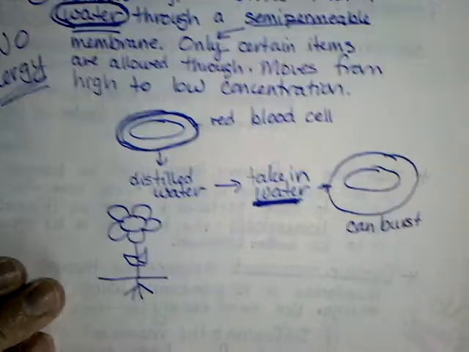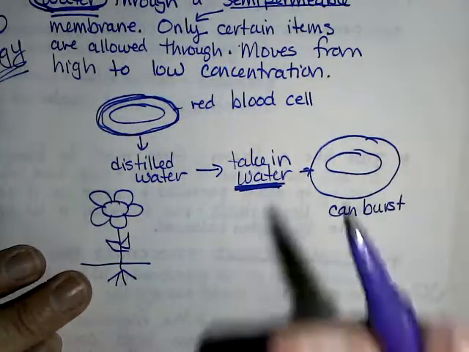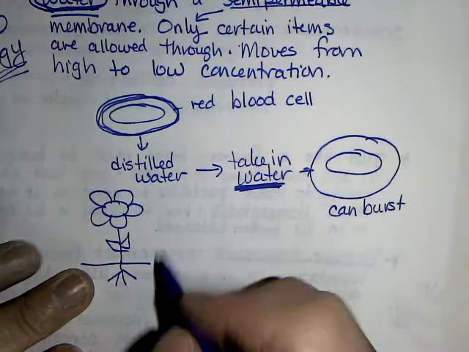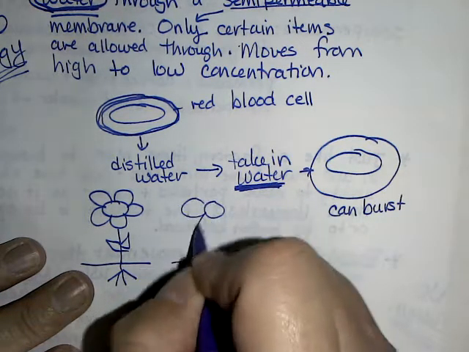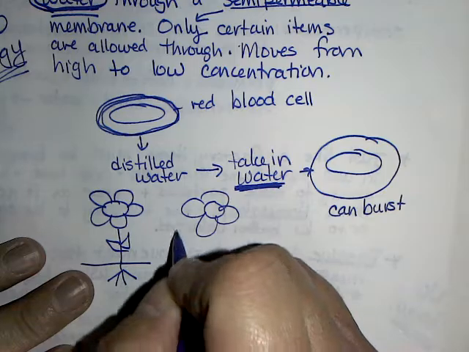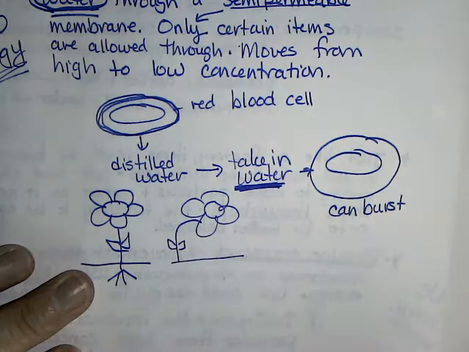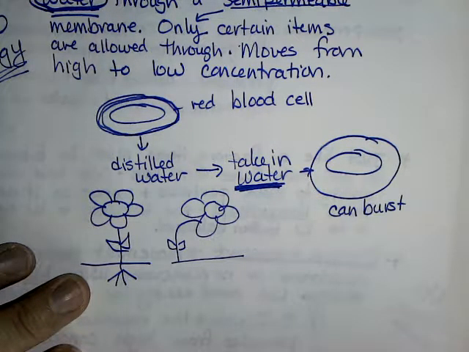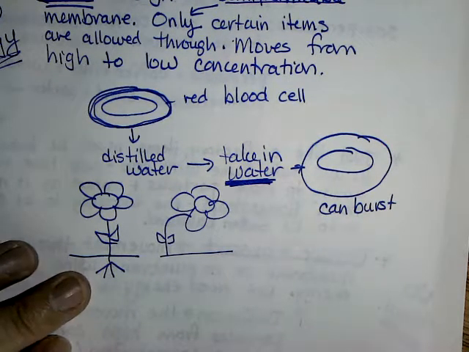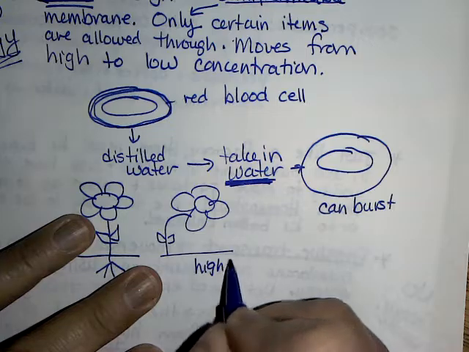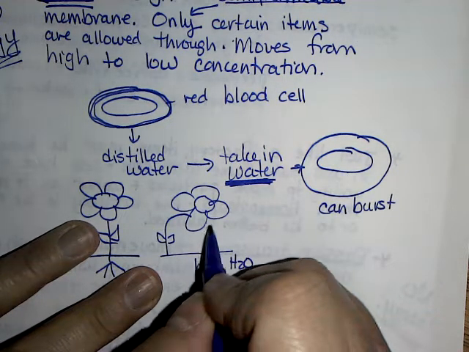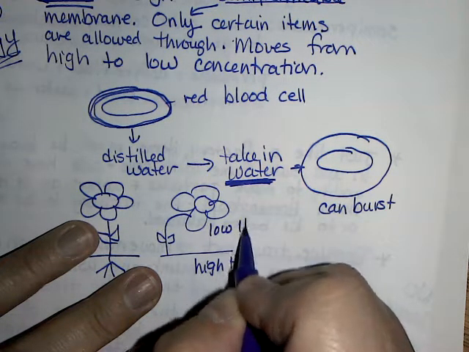You got a plant, okay, and the plant doesn't get enough water, so it starts to wilt. Poor little plant starts to wilt. Okay, now I have high concentration water here, and I have low concentration of water here.